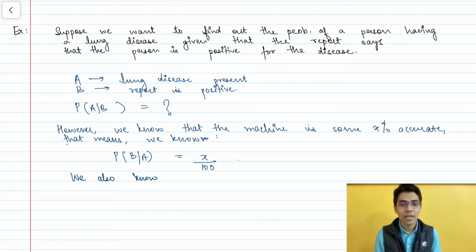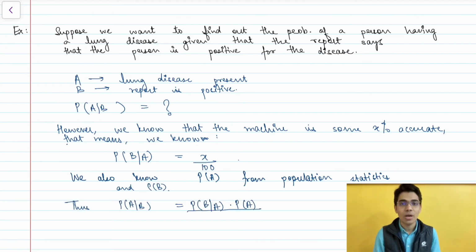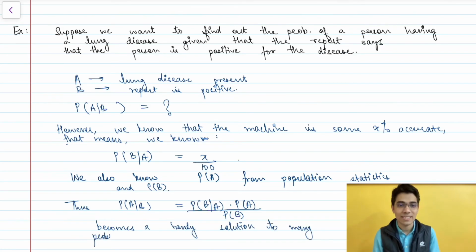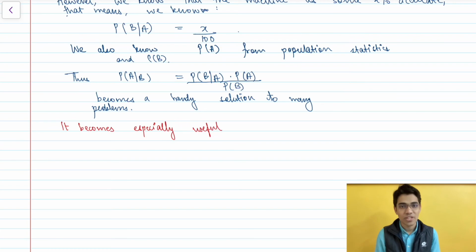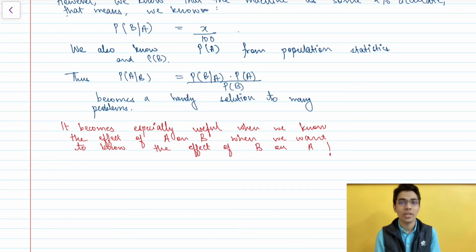We also know that P of A is something because we know the population statistics, and thus P of A given B can be found out using the Bayes theorem because we know every probability on the right hand side. This becomes especially useful when we know the effect of A on B and we want to seek the effect of B over A.